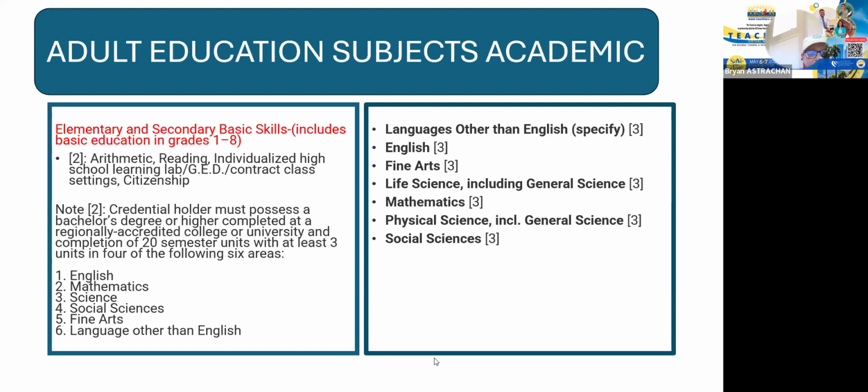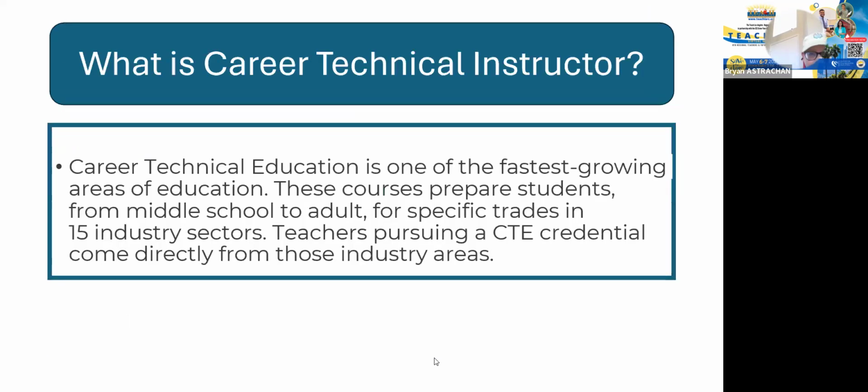As you can see, it's English, mathematics, science, social sciences, fine arts, language other than English. Commonly, you've heard it as a foreign language requirement. So again, on the other side of the page, you can see it's kind of slightly bolded where it breaks it down for you. And when it talks about mathematics, don't worry, it's not talking about higher level math. It's talking about your real basic math, because that's what is going to be offered at the adult school.